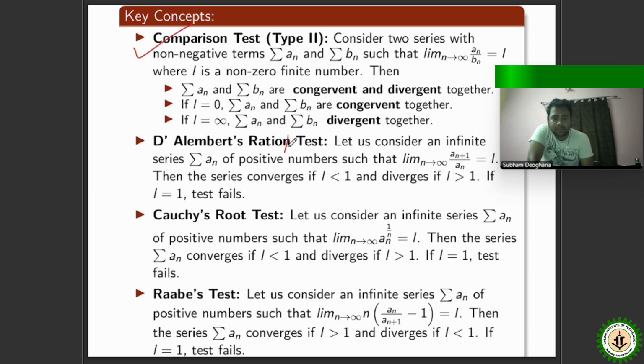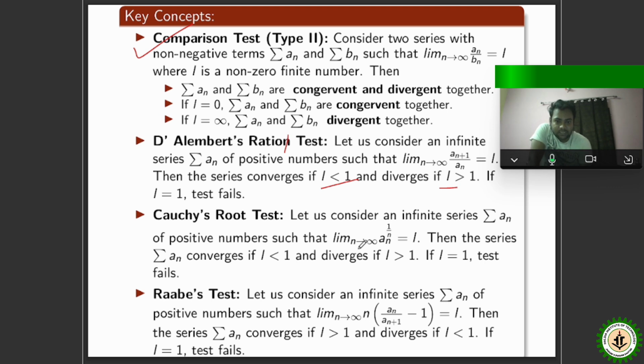If summation u n is an infinite series of positive terms and the limit as n tends to infinity of u n plus 1 by u n is L, then this type of series will be convergent if L is less than 1 and divergent if L is greater than 1.